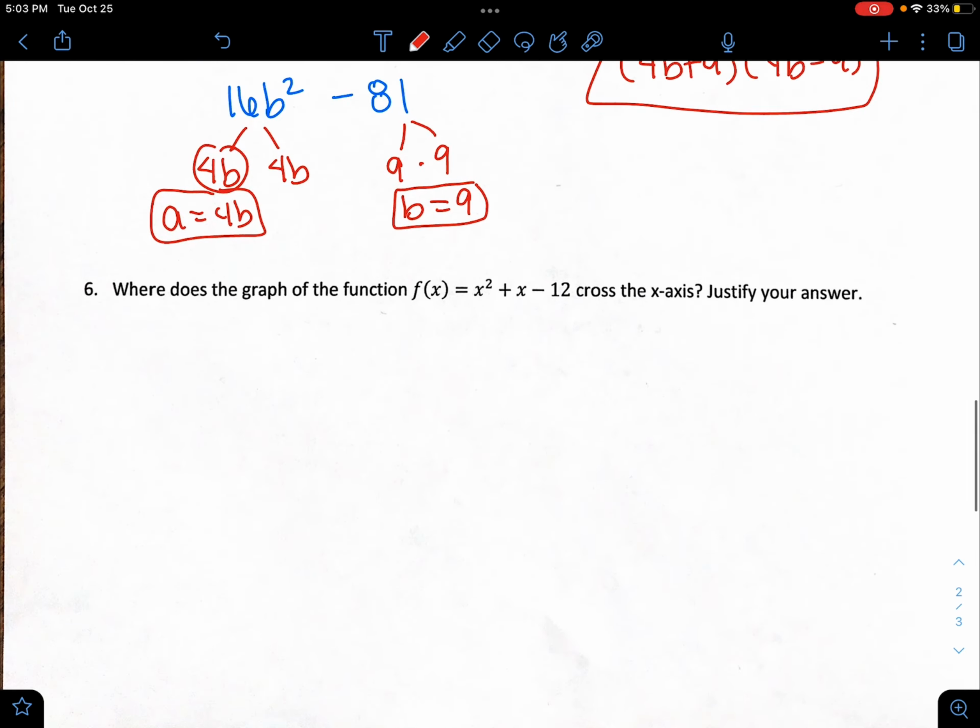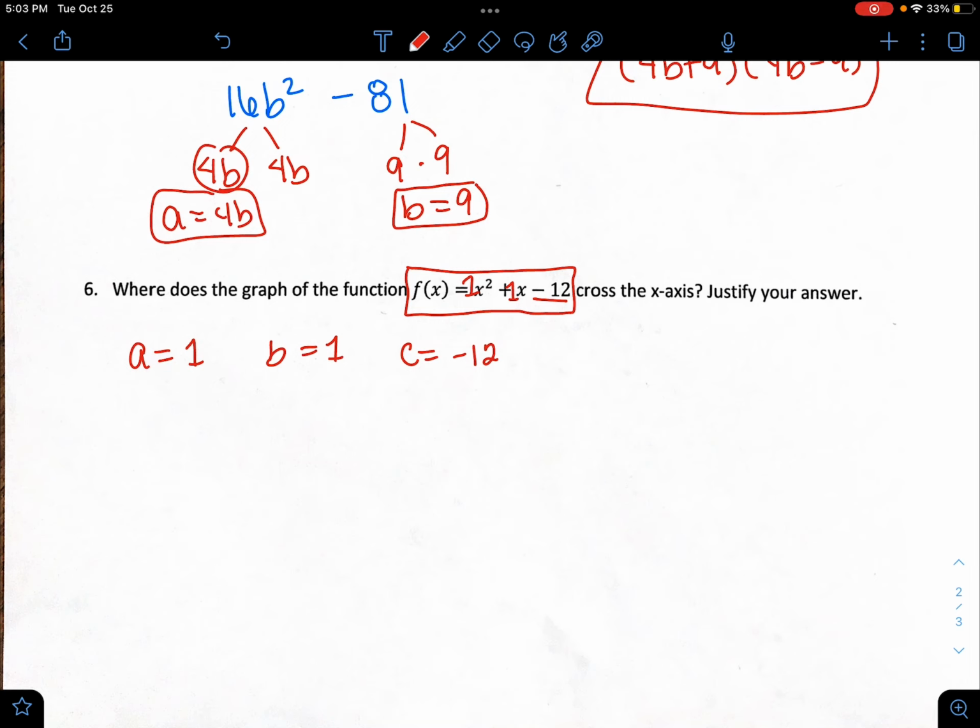Where does the graph cross the x-axis? Remember, we're finding zeros. So we're going to find our a, which is 1. My b is also 1. My c is negative 12.